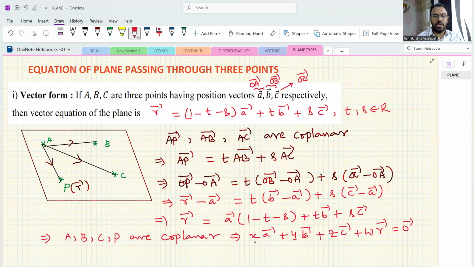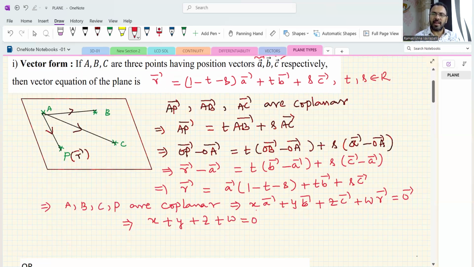You just compare the components of A bar, B bar and R bar. X is nothing but 1 minus T minus S. Y is nothing but T. Z is nothing but S. W is nothing but minus 1 after bringing that LHS R bar into RHS. So that you will get X plus Y plus Z plus W equal to 0. So this is one format of equation of plane that is expressed in vectors.